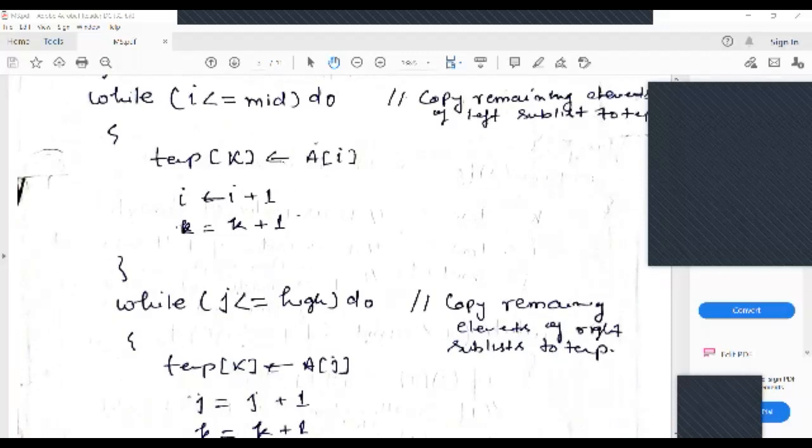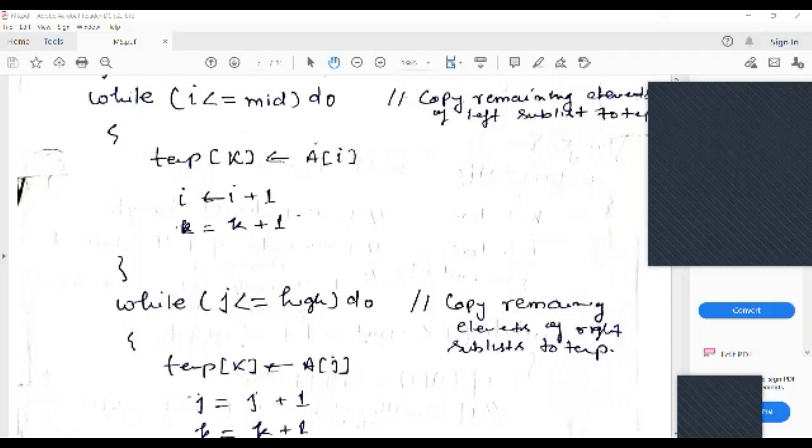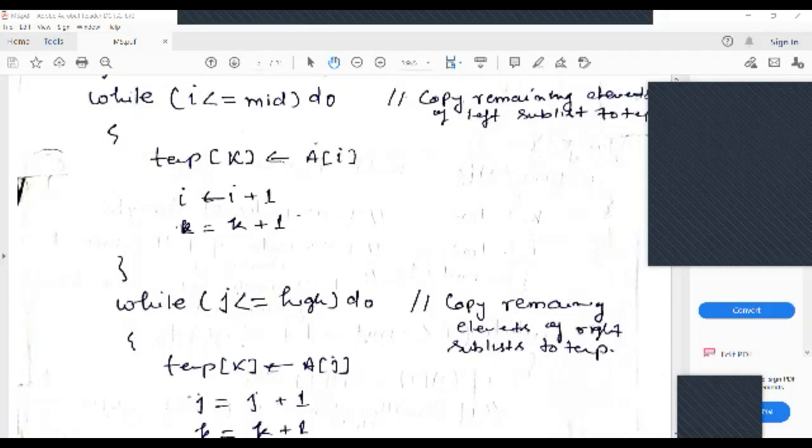So these two while loops ensure that if either the first sublist, the left sublist, or the right sublist has been exhausted, ठीक है, this condition ensures that they will put the remaining elements into the sorted array. होगा ना भाई, अब बचा हुआ एलिमेंट तो एज इट इज रख देना है ना, because at each and every successive step, recursively merge sort is calling merge sort(A, low, mid) and merge sort(A, mid plus 1, high), and combine is being called for each and every successive call of the merge sort. ठीक है, तो in this way this algorithm works.